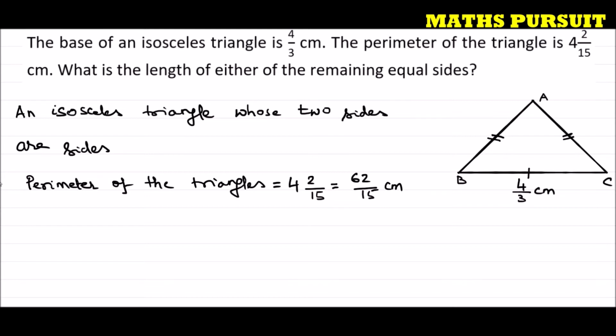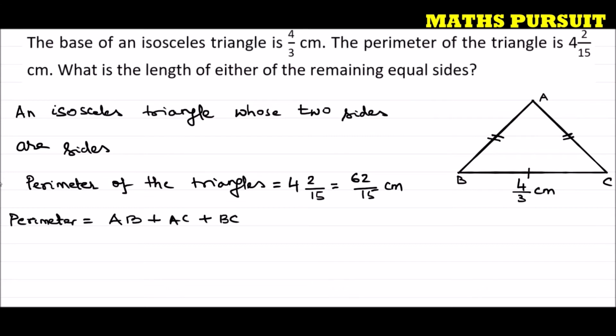Now guys, what is perimeter? Perimeter of any figure is the sum total of the boundaries. So here the perimeter of this triangle is nothing but the sum total of these sides, AB plus AC plus BC. So I can write perimeter is equal to AB plus AC plus BC.